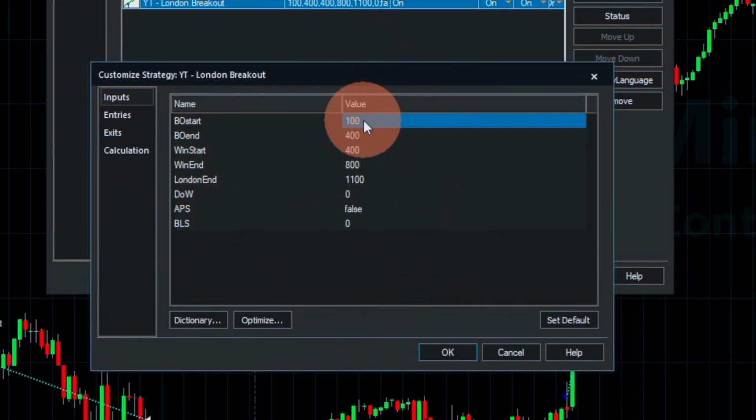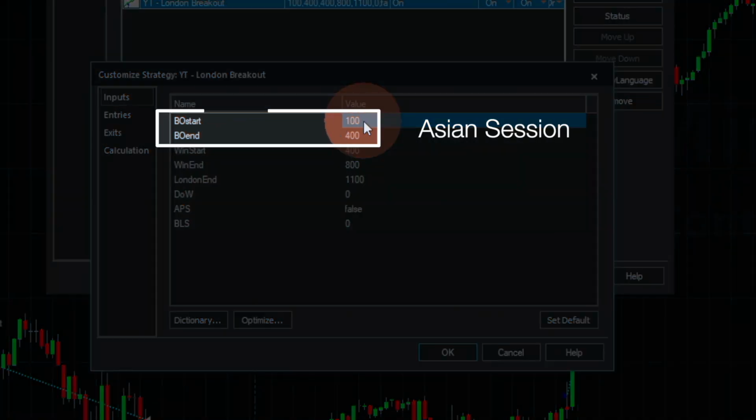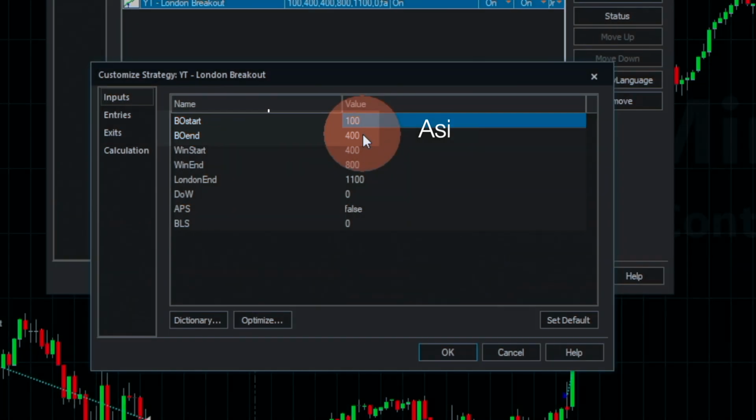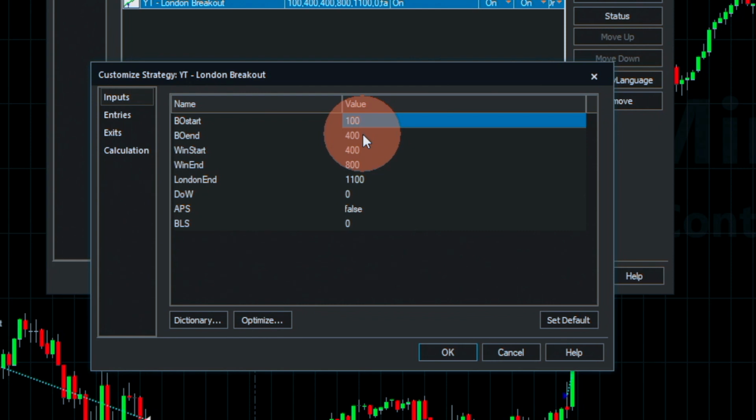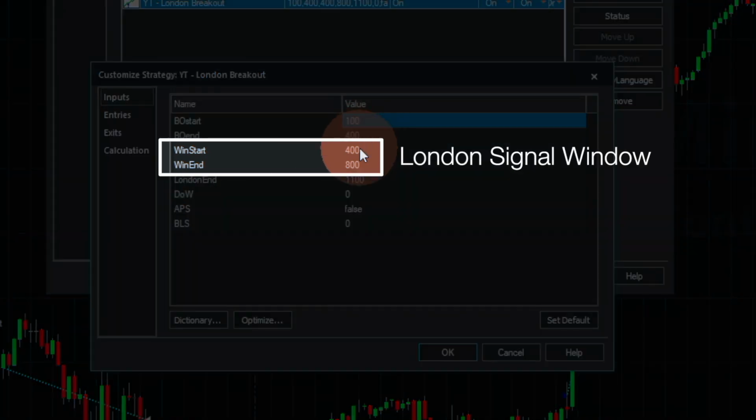Remember, I'm trading futures, and this is Eastern Standard Time. So my window to measure the high and low of the Asian session is 1 a.m. to 4 a.m. Eastern Standard Time. And then my window to take the breakout signal is between 4 a.m. and 8 a.m. Eastern Standard Time.